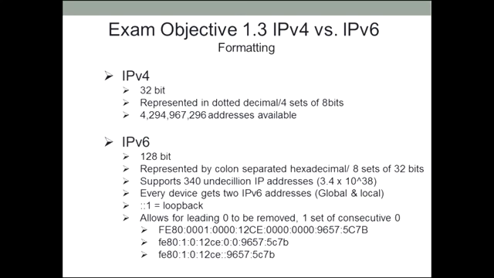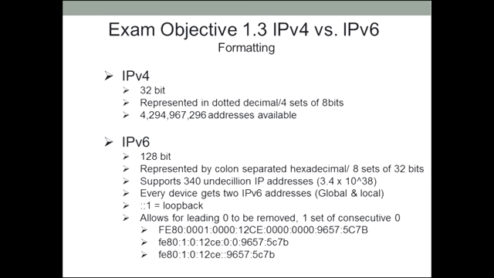So they said, okay, in any of the 8 sets, all leading zeros can be dropped. So this top address, FE80:001, and so on and so forth, if you drop down to the next line, all the leading zeros have been removed.